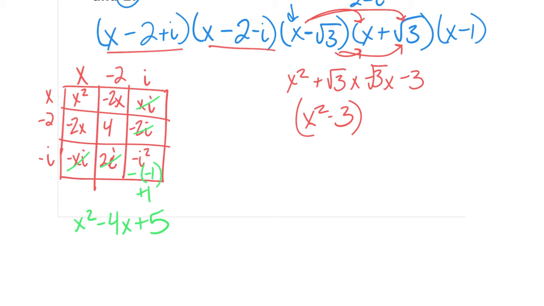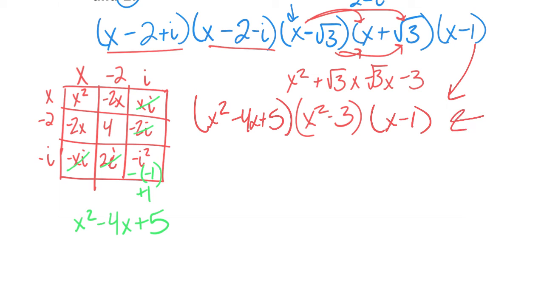And if I go back over here, multiplying out this part isn't quite so bad. I end up with x squared minus 3. So I'm going to write down x squared minus 4x plus 5 times x squared minus 3, and then I still have this x minus 1 from over here.